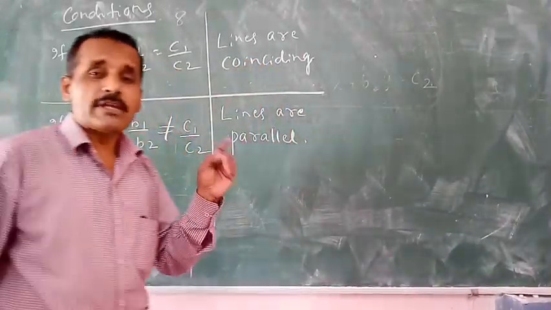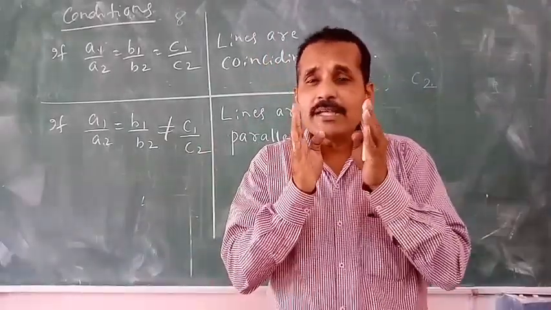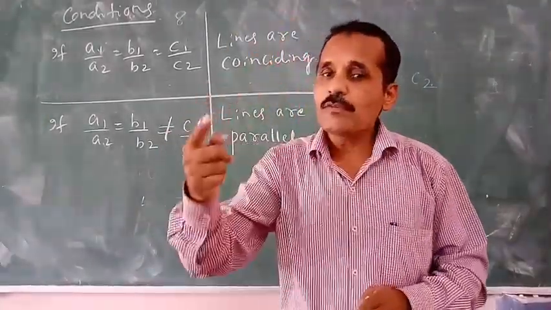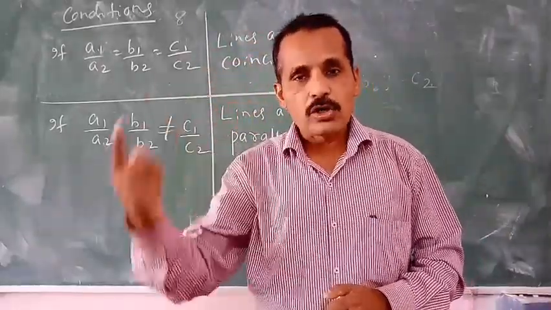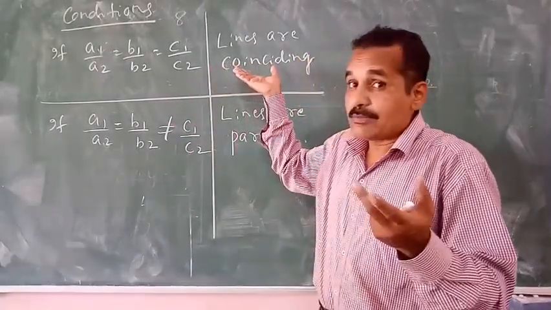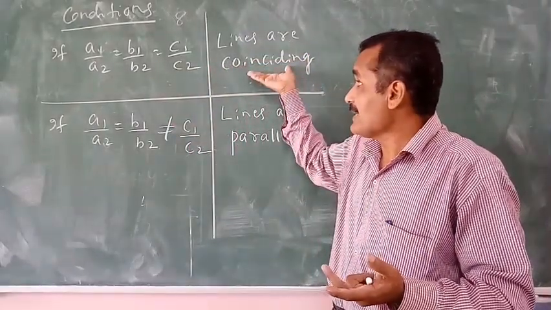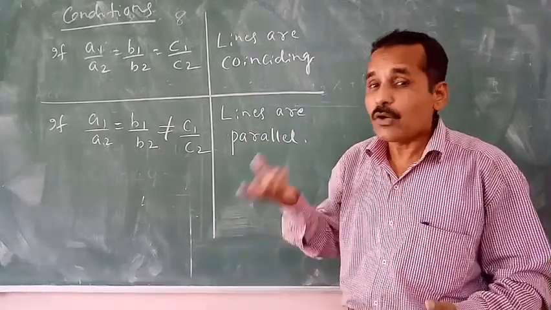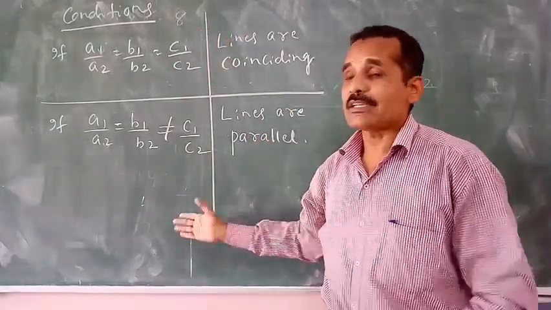This is the method to identify a problem. Whenever a problem is given to you, without solving it graphically, how do you identify whether it has coinciding lines, parallel lines, or intersecting lines? This is the method for that.